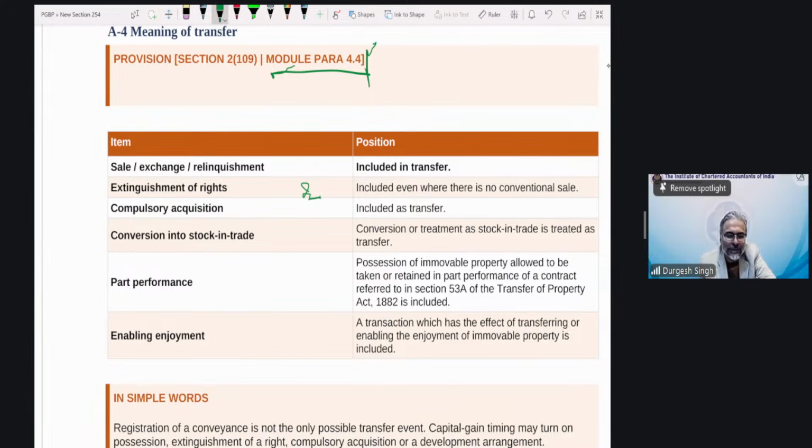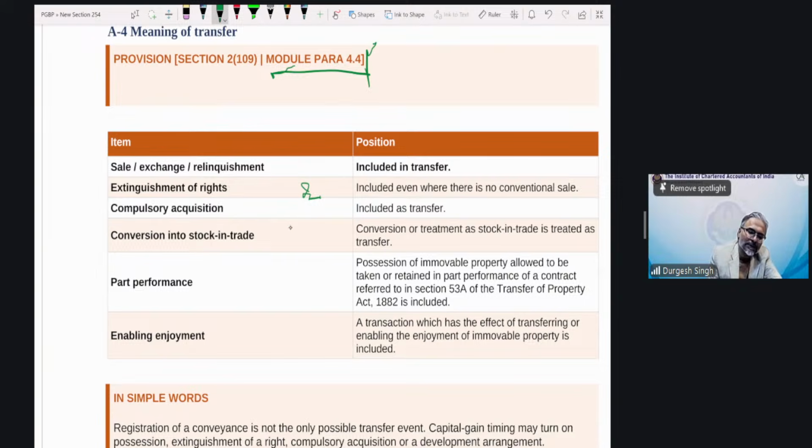Although they have not been very specific, they have kept the door open. Compulsory acquisition of anything by law could be considered a transfer. But practically, we know the government does compulsory acquisition for a particular real estate project, be it a land, be it a building, and so on.